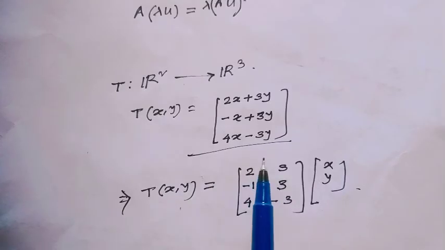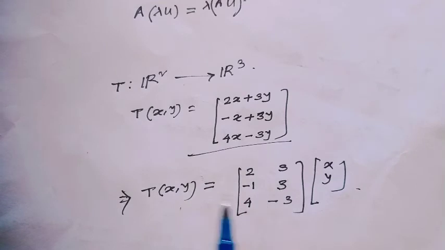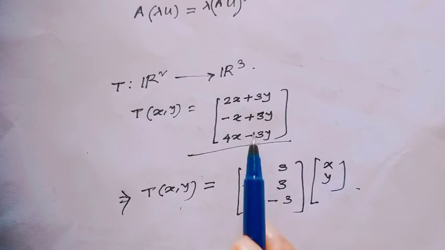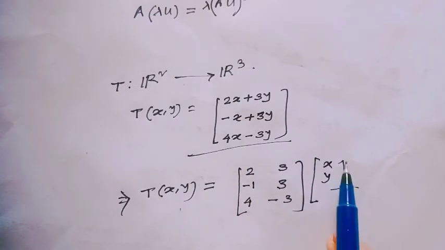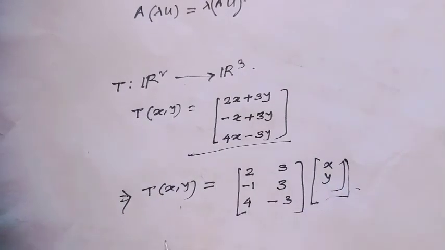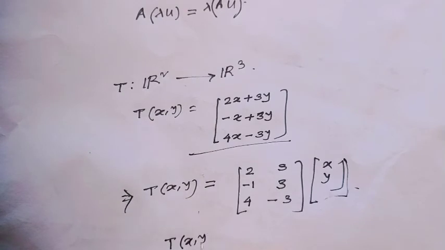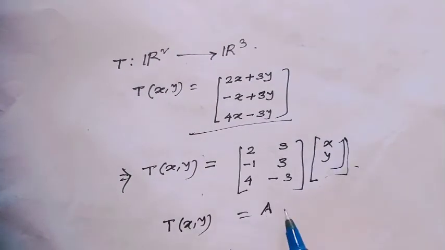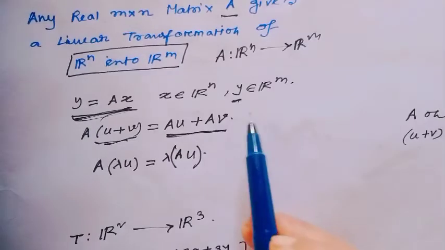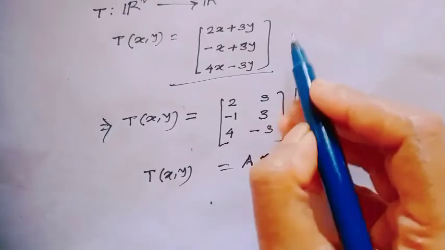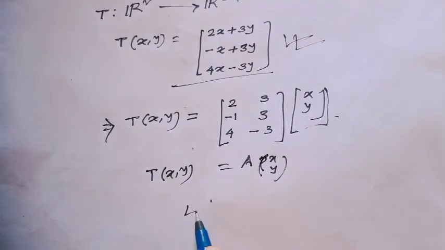We can write this transformation in matrix form: T of (x, y) equal to the matrix whose column vectors are (2, minus 1, 4) and (3, 3, minus 3), times the components x, y. This obviously looks like T of (x, y) equal to A times (x, y). So, by this theorem, we can tell this mapping is obviously linear.